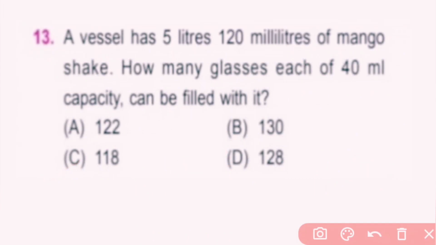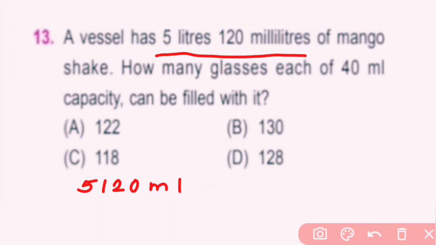Question number 13. A vessel has 5 liters 120 milliliters of mango shake. How many glasses each of 40 ml capacity can be filled with it? So we first convert this into milliliters. 5 liters 120 milliliters is equal to 5120 milliliters.